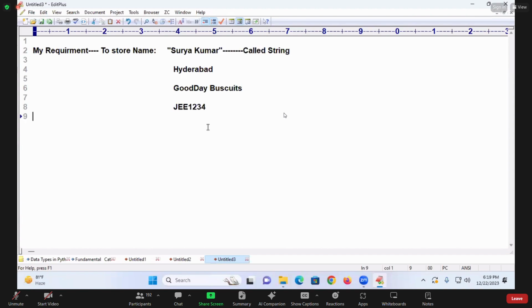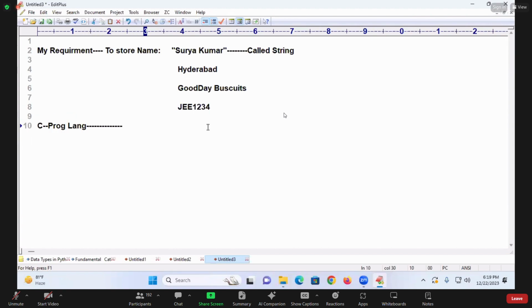Dear students, if you come to the C programming language, you have the char data type, right? This char data type will take what? A single letter enclosed within single quotes.